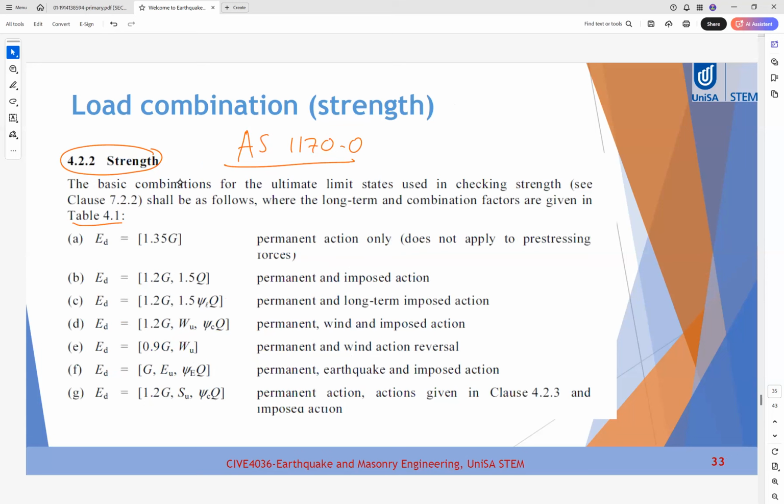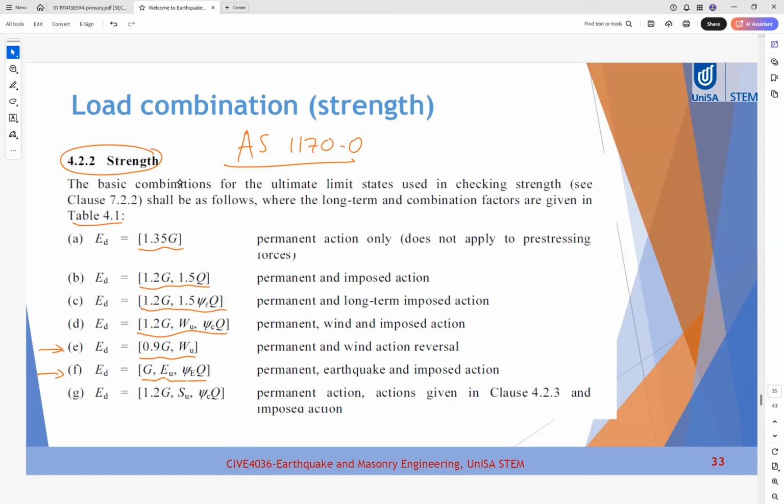So we have 1.35 G, 1.2 G plus 1.5 Q, and so on. And for the reversal wind, 0.9 G plus WU, and for earthquake, G plus EU plus Psi EQ.